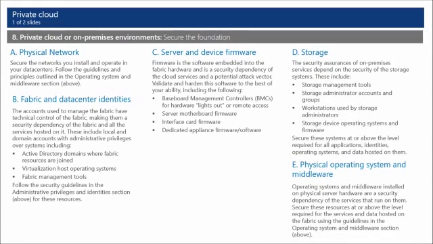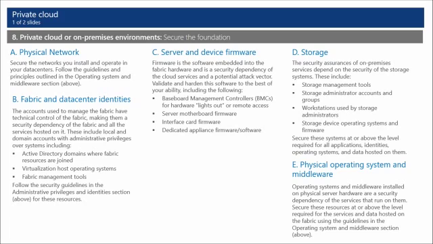And then as you get into private cloud, and quite frankly, we couldn't put them all in a little narrow column to the right, this only applies to private cloud and on-premise. If you're running that fabric, you have a lot of the same things over again at that layer, such as the fabric and data center identities, but you also have the physical network. You have server and device firmware where the attackers can embed themselves and attack.